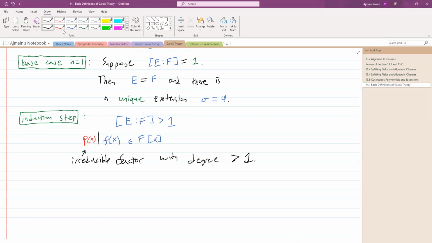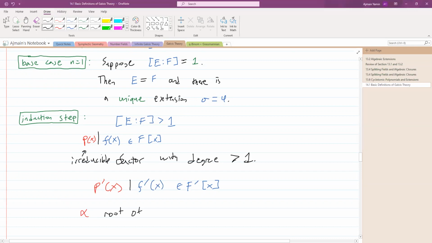And p of x corresponds to p prime of x, which is an irreducible factor of f prime of x in this polynomial ring. Okay. Now let alpha be a root of p of x.